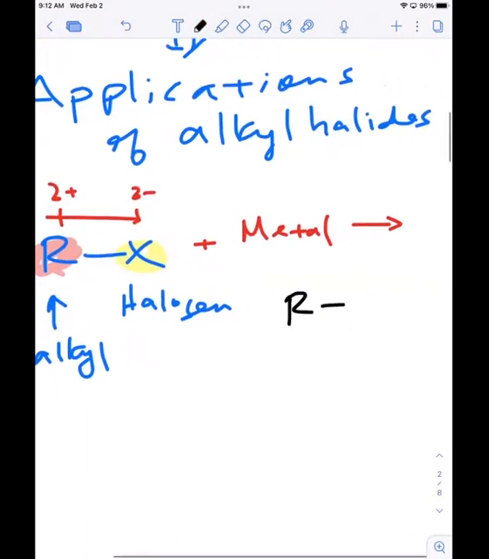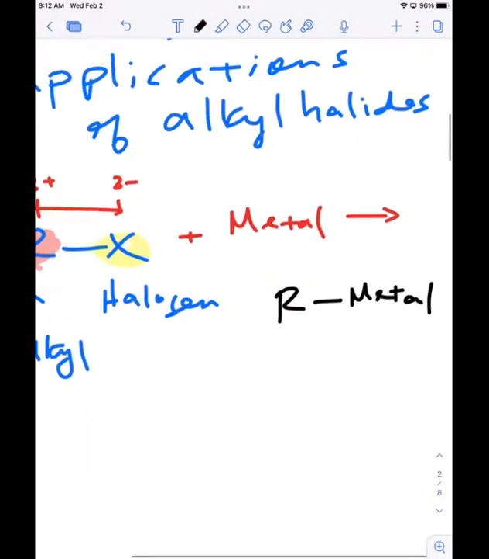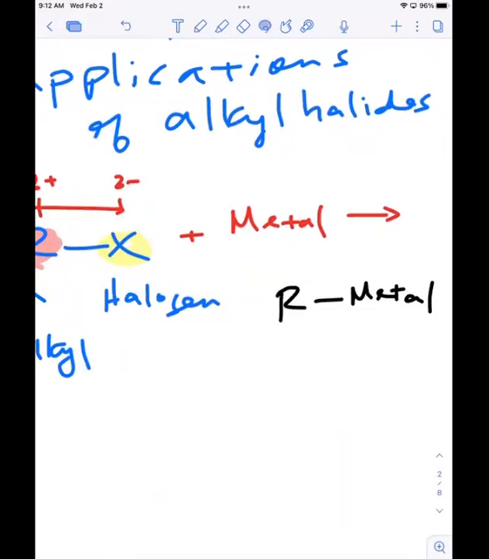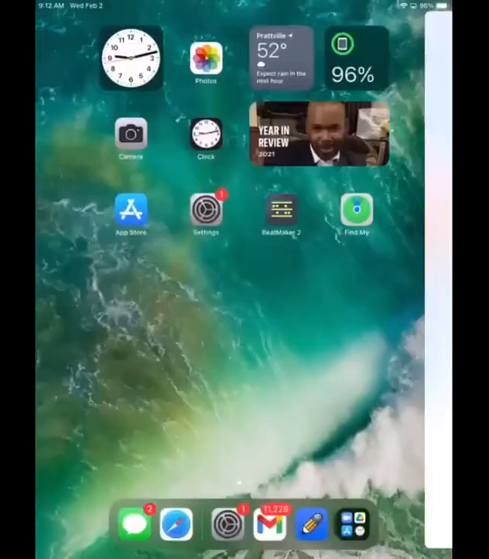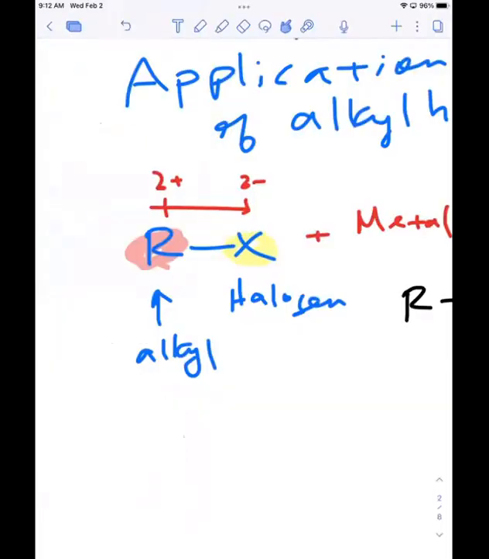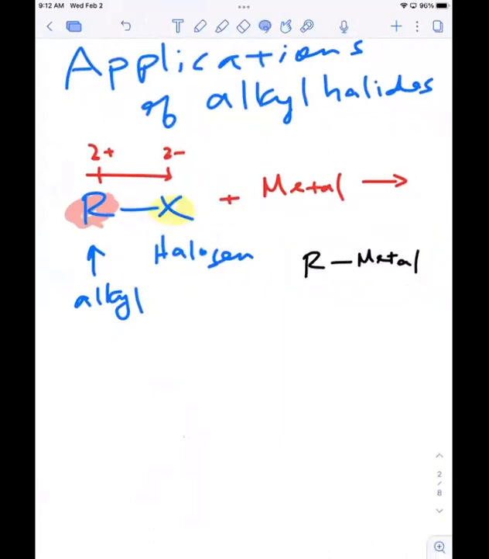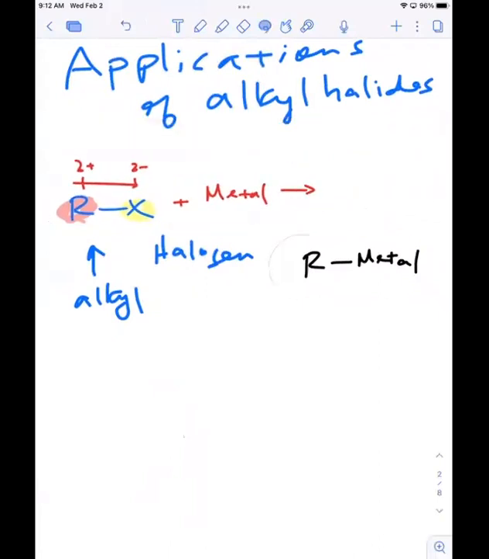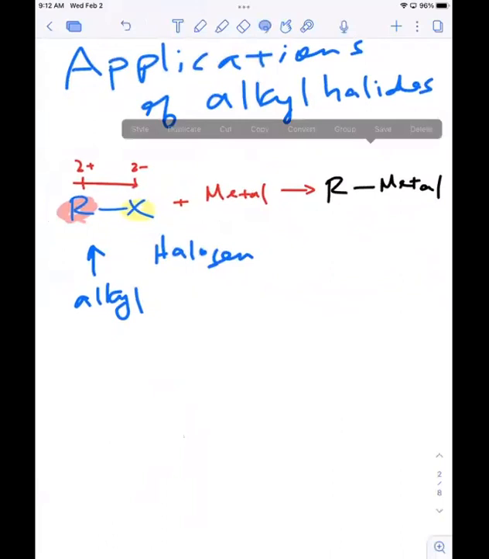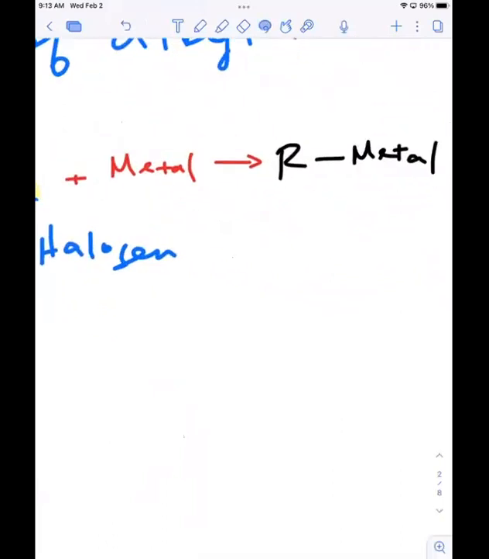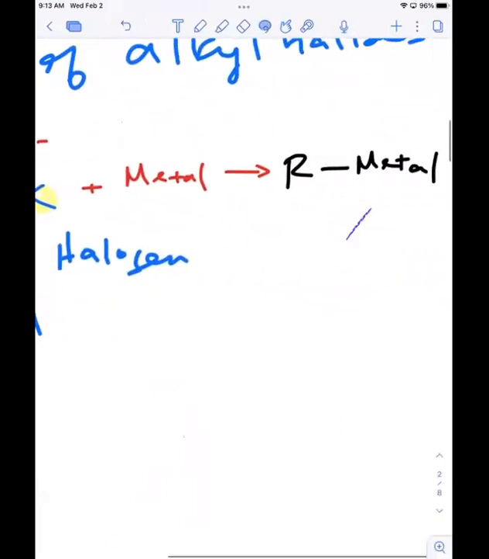So we'll have an R metal bond, and then the halogen that was here is still here.